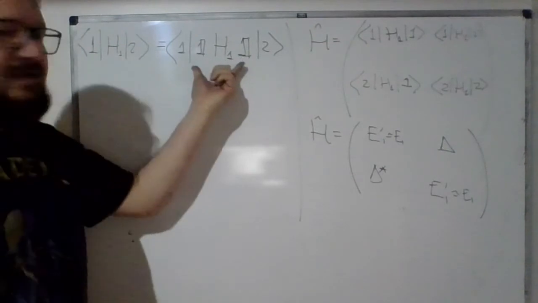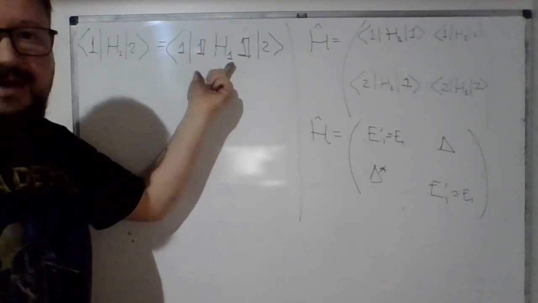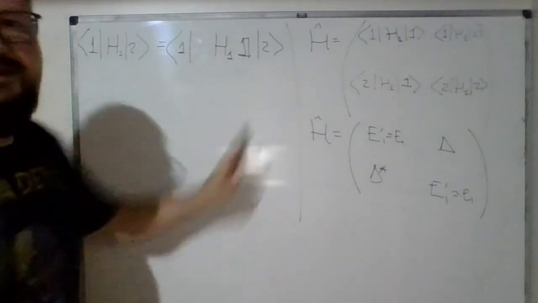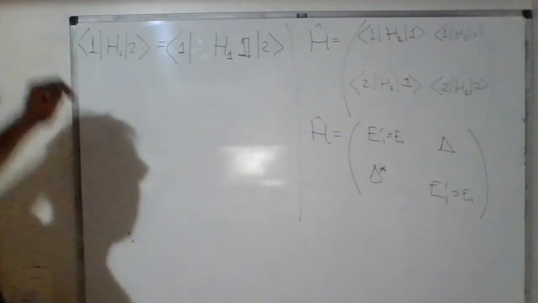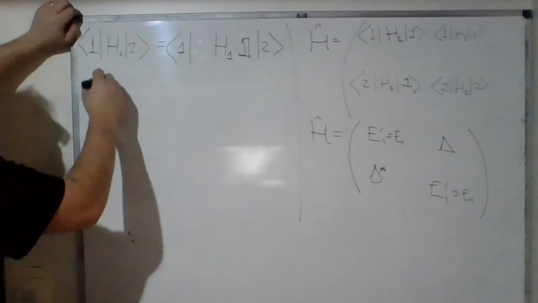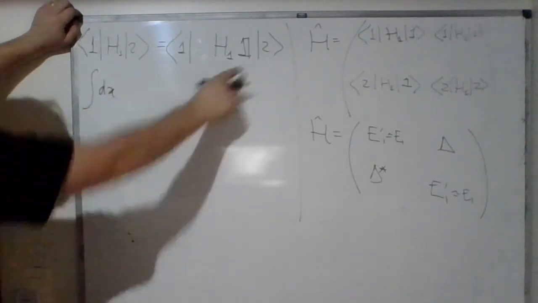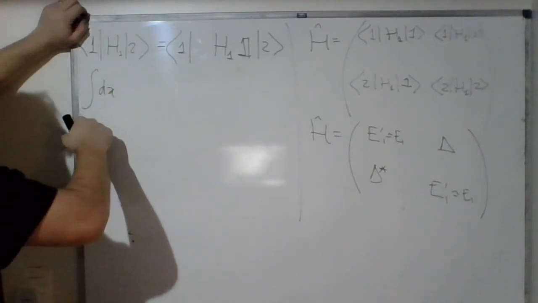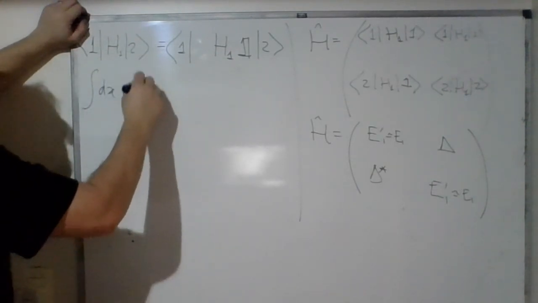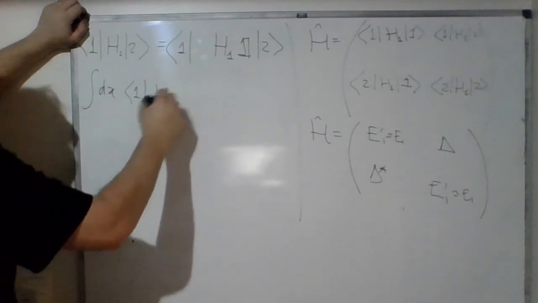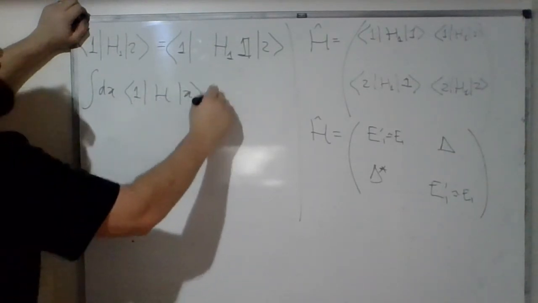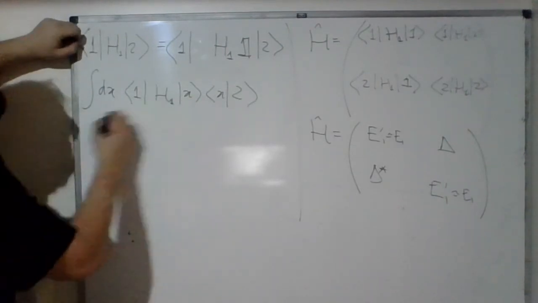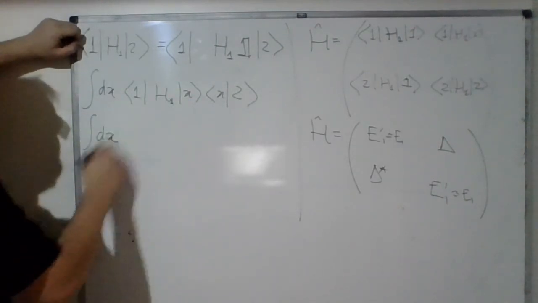But just remember that this Hamiltonian is already in the basis of position, so you need just one of the identities here in this case. All right, you can do that. And you'll find out that this is the integral over dx, because you are projecting to the basis of position, the integral over x of 1, H, x, x, 2. This is the Hamiltonian represented in the basis of position.